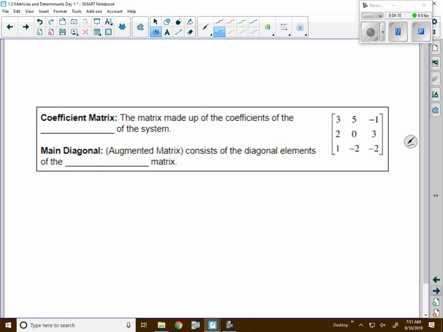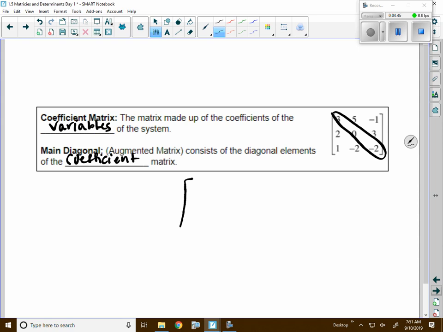All right, a coefficient matrix is a matrix that's made up of the coefficients of the variables. So that's where I was talking about that left-hand side of the matrix. And then right here, this main diagonal, that's these numbers right here, the 3, the 0, and the -2. The main diagonal is the diagonal elements of the coefficient matrix.